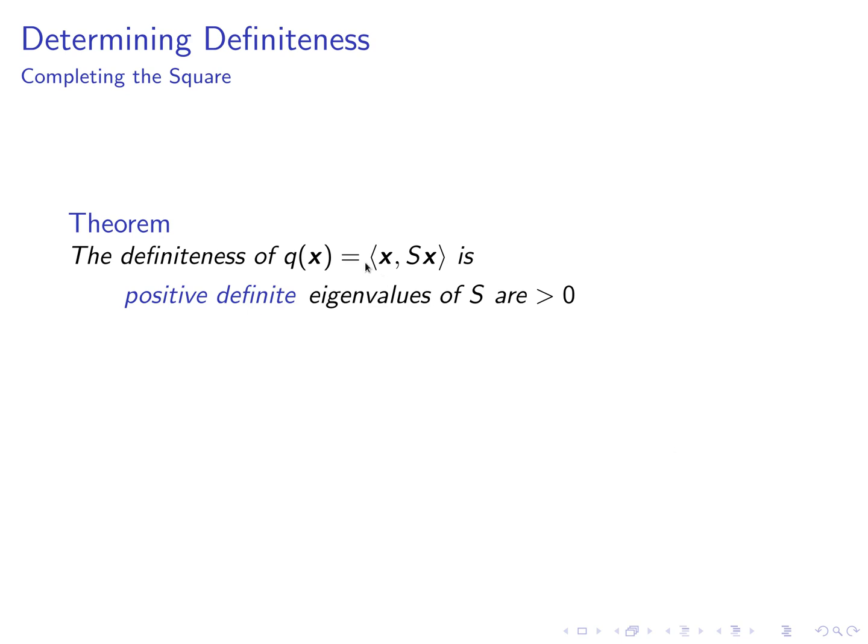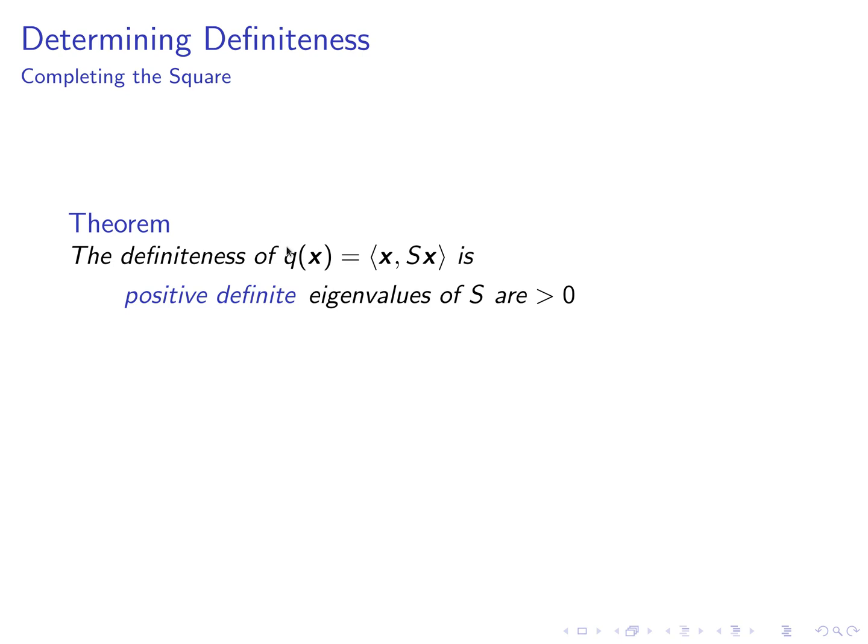Let's say that the quadratic form we're studying looks like the inner product of x with S times the vector x. So S here is the matrix corresponding to the quadratic form. And remember, this is constructed by building an n by n Hermitian matrix by looking at every term in the quadratic form and using those coefficients to build this matrix.